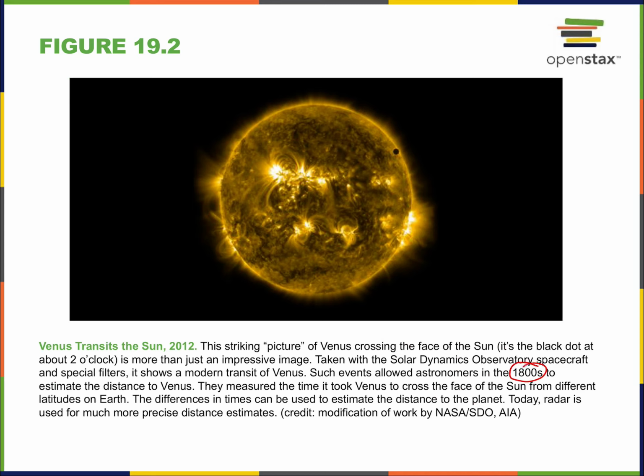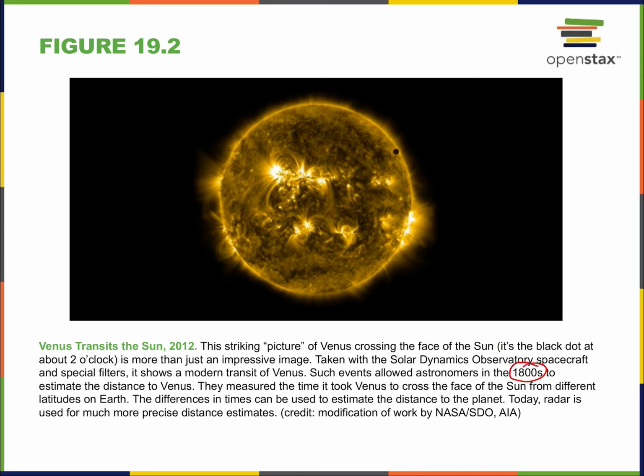Okay, our nearest neighbor. When Venus crossed in front of the sun, a more common event, by the way, than Mercury transiting in front of the sun, we were able to measure the time it took for Venus to cross the sun. By doing that at multiple locations on Earth, using a process known as triangulation, which I'll mention again in a couple of slides, we could essentially measure the distance to Venus.